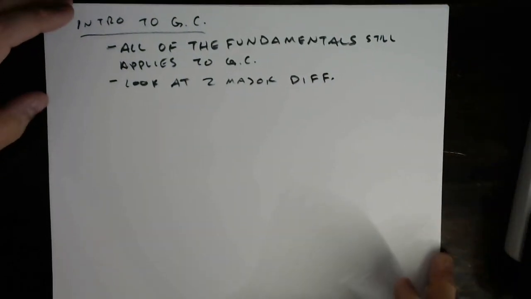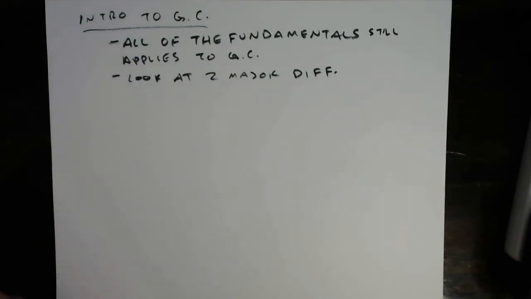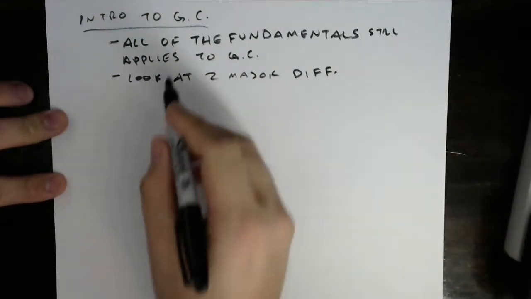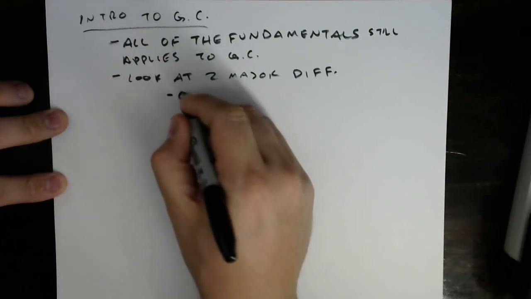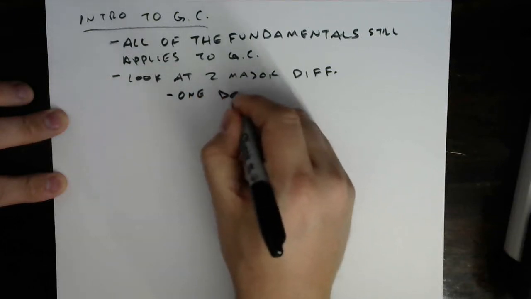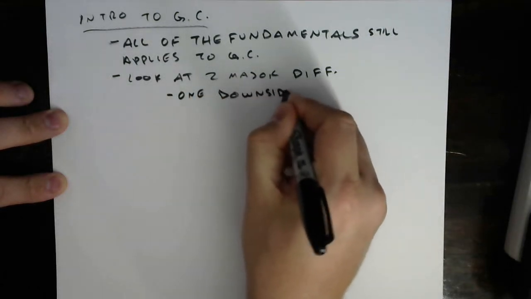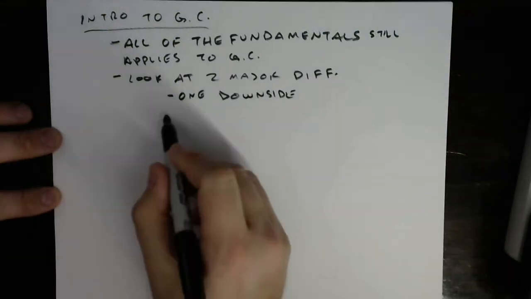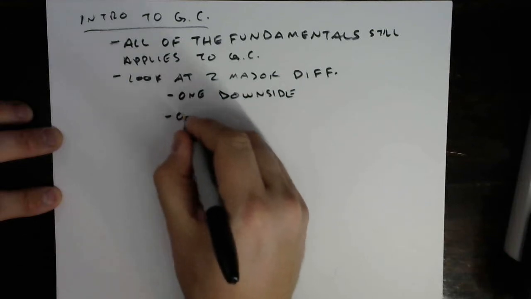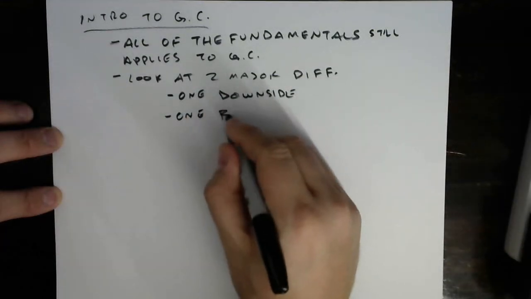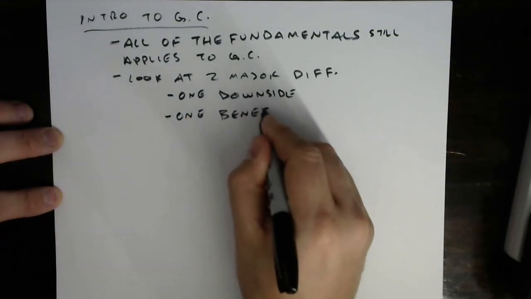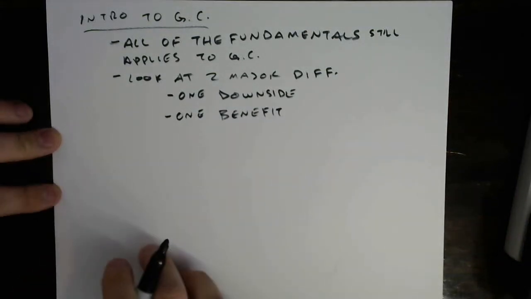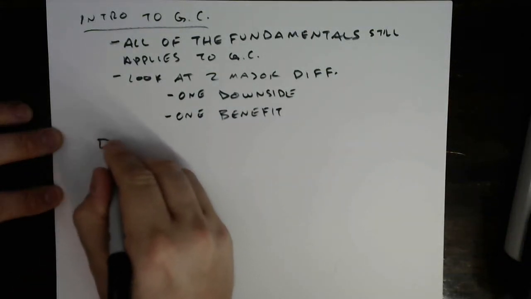And this is before we get to the instrumentation or anything, just two major conceptual differences. We're going to look at one big downside to doing this, which we've mentioned in the past, so it'll be familiar. And we're going to look at one major benefit to doing GC. So let's start with the downside.